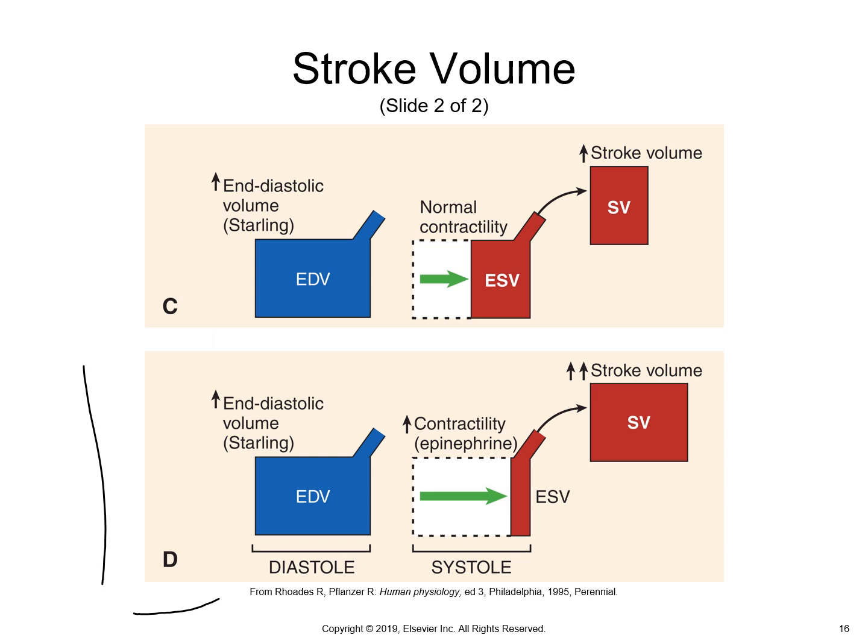So the key takeaways here are a fuller heart, higher EDV, contracts stronger and pumps more blood, meaning you have a higher stroke volume. And then epinephrine helps the heart squeeze harder, reducing leftover blood, so you have a lower ESV. So the combination of both of these leads to the highest stroke volume, improving the patient's circulation.